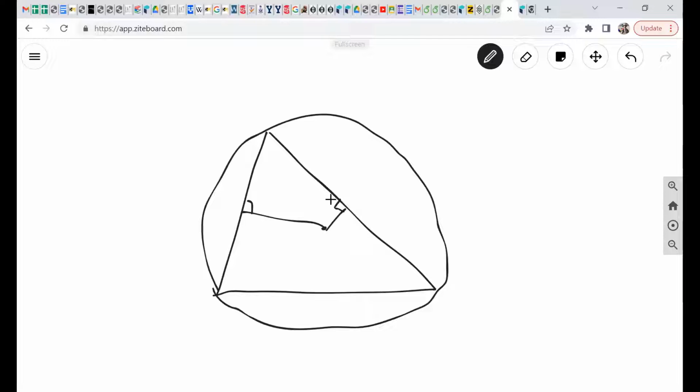Since this is a perpendicular bisector, this is equal to this. And since this is a perpendicular bisector, this and this are equal. So it turns out that this point is equidistant from all three of the vertices of the triangle. That means it's the center of a circle passing through all three vertices.